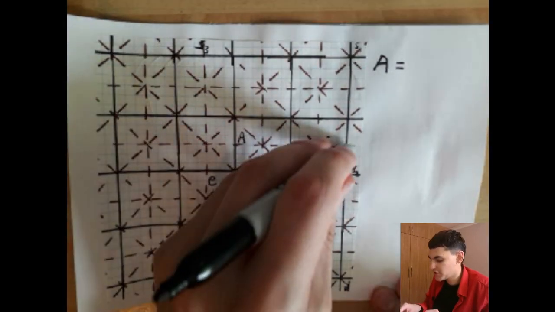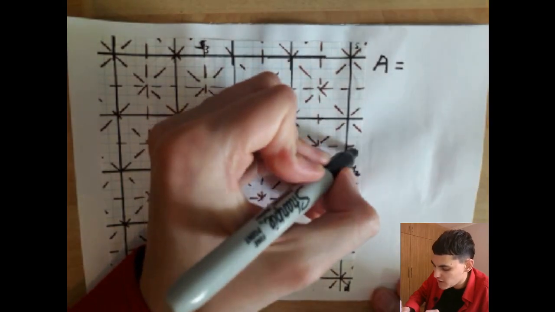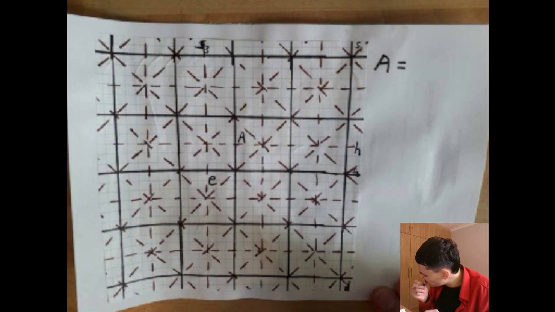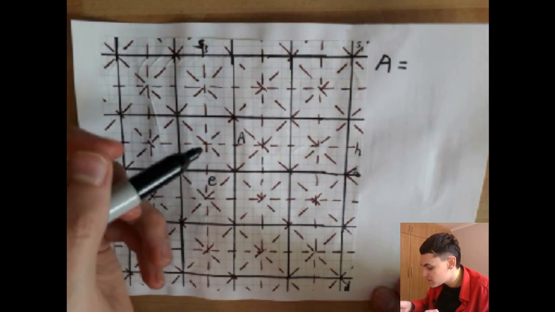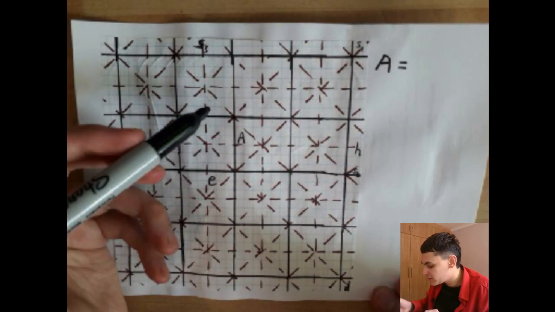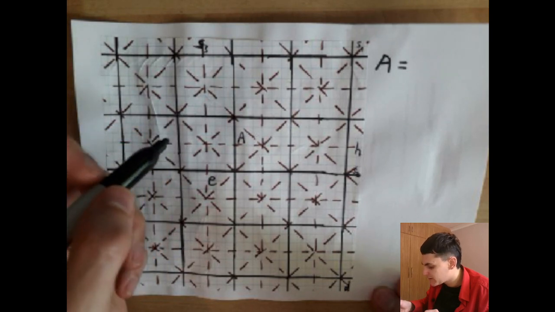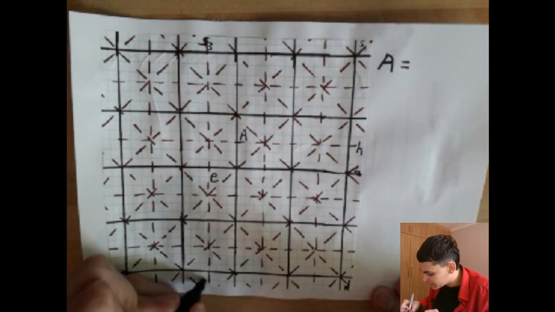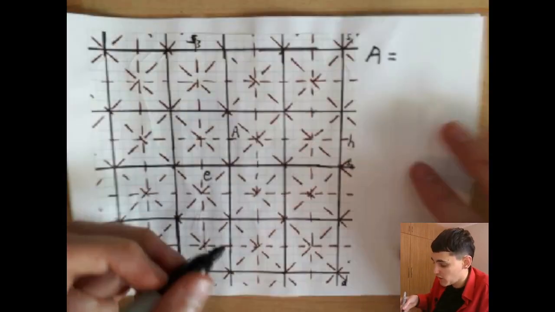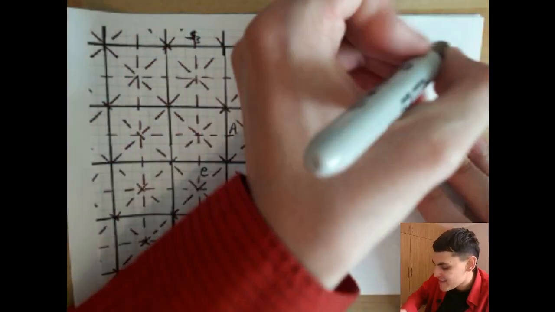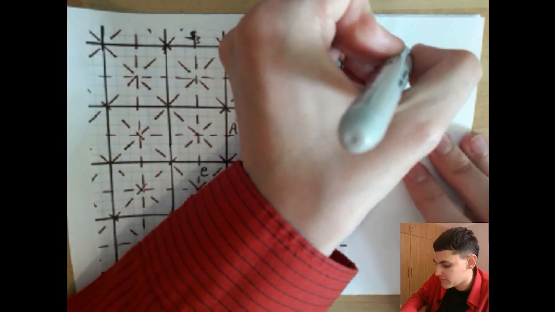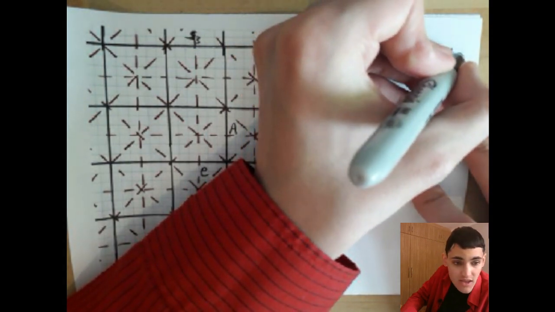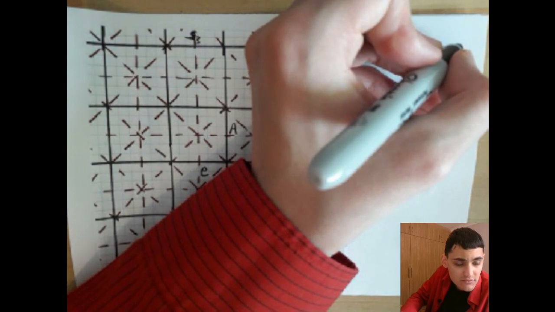And then a reflection in this line, which I'm going to call H. And I may as well also include the reflection in this line as V, because you could go that way as well. So A equals HD, but it also equals DV.